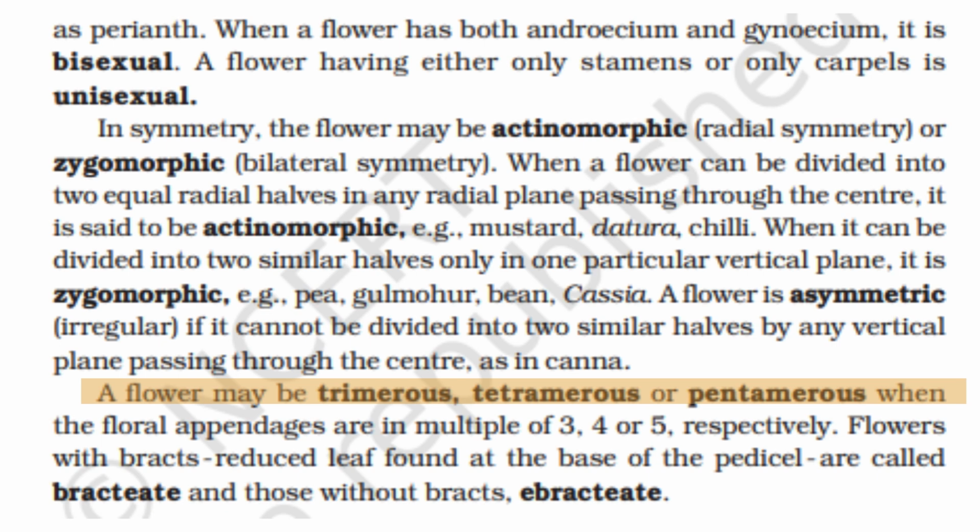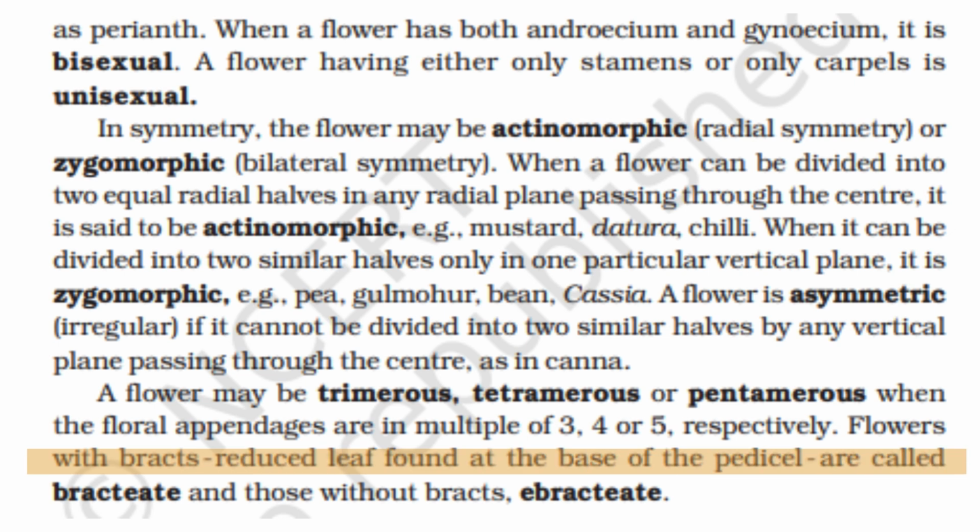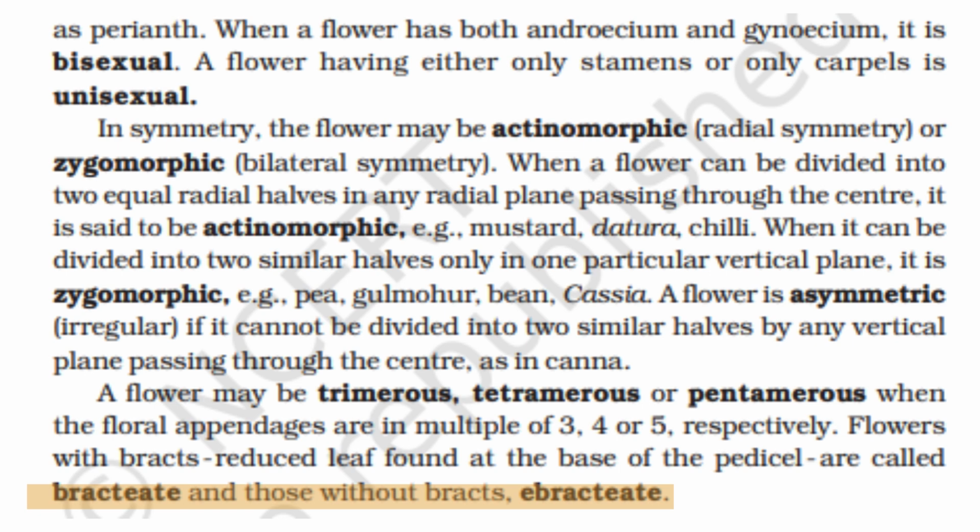A flower may be trimerous, tetramerous, or pentamerous when the floral appendages are in multiples of 3, 4, or 5, respectively. Flowers with bracts, reduced leaf found at the base of the pedicel, are called bracteate, and those without bracts are called ebracteate.